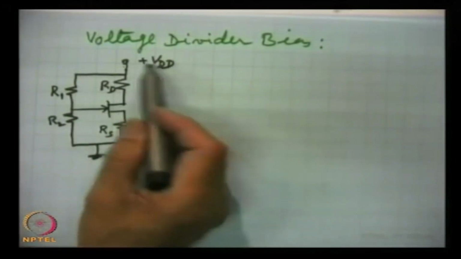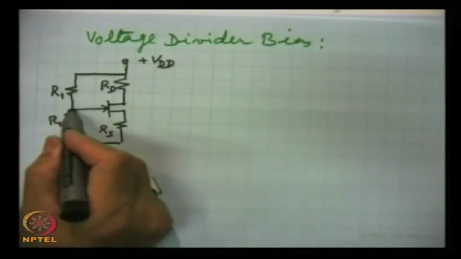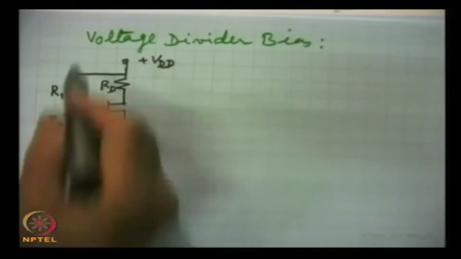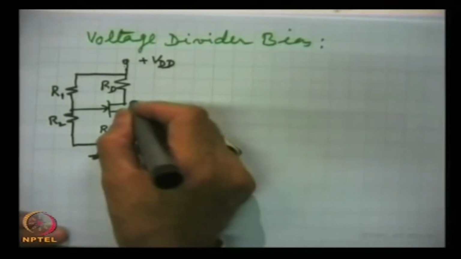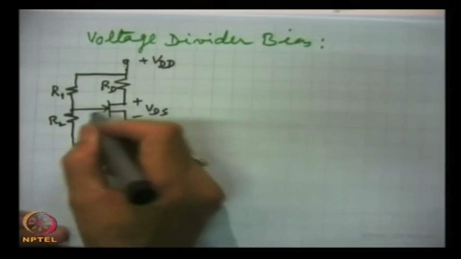Here this voltage VDD is divided, this network R1, R2, this acts as a voltage divider. So, that is why the name voltage divider bias. Here this is VDS and this is VGS.